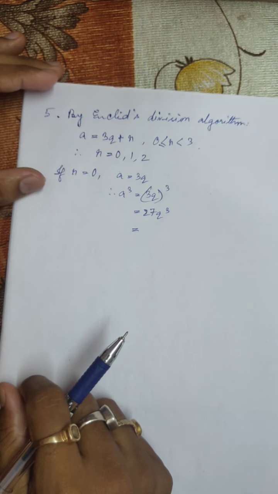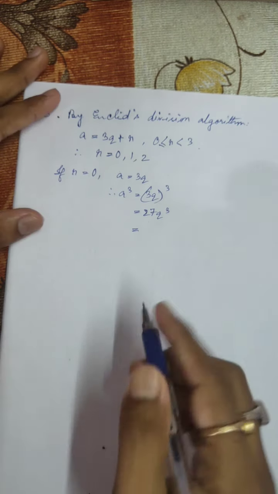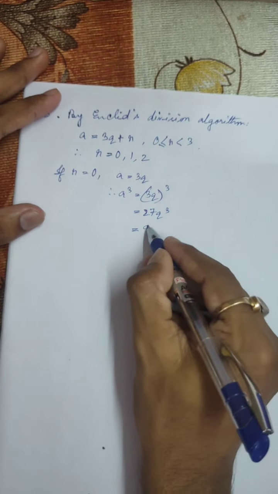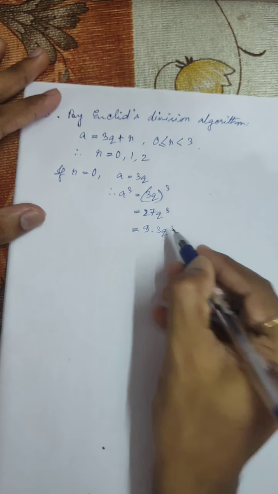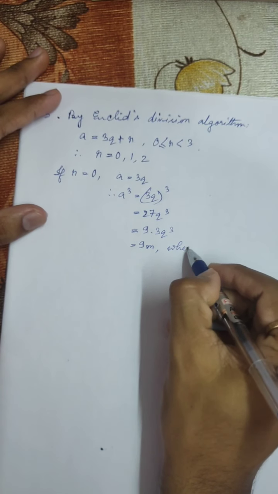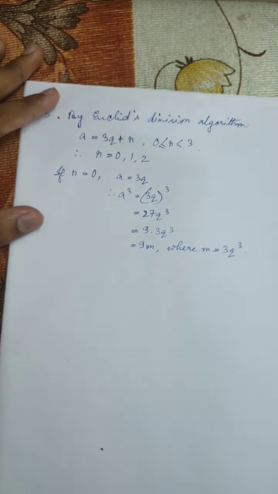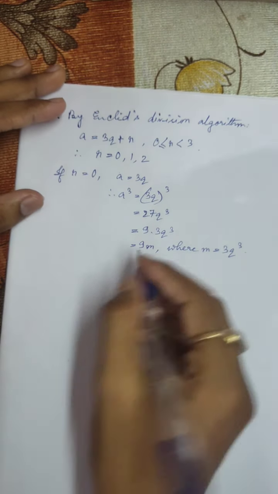Now we have to show that the cube of a positive integer is of the form 9m, 9m plus 1 or 9m plus 8. So we can write 9 into 3q cube, therefore 9m, where m equal to 3q cube, because this is also an integer.